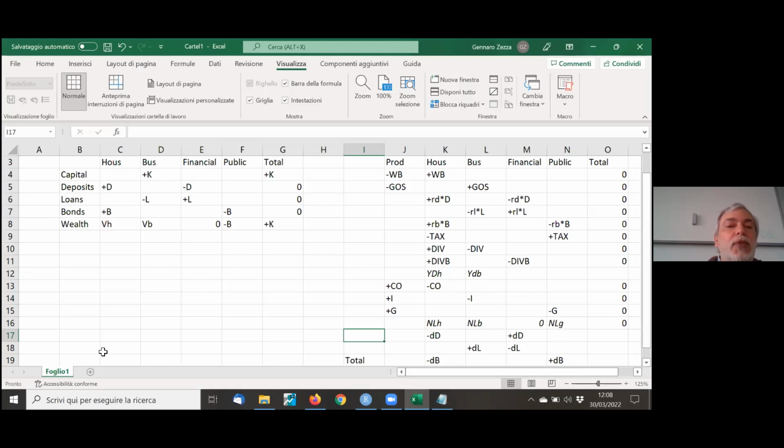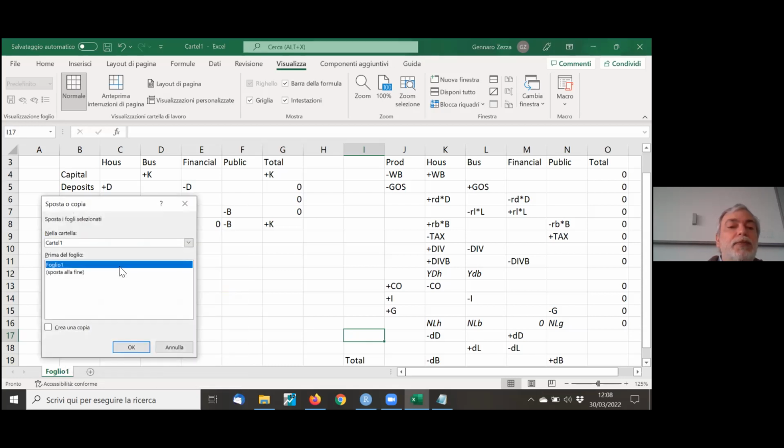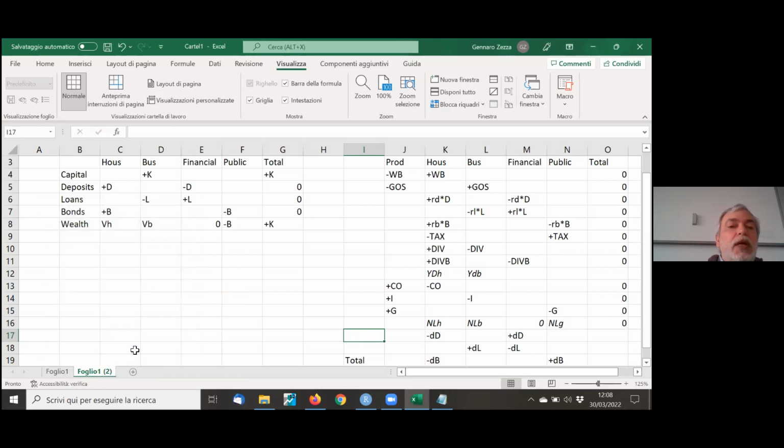So the way I proceed is I copy this sheet to a new sheet. And here I start putting numbers and parameter values, so to fill the two matrices with numbers.